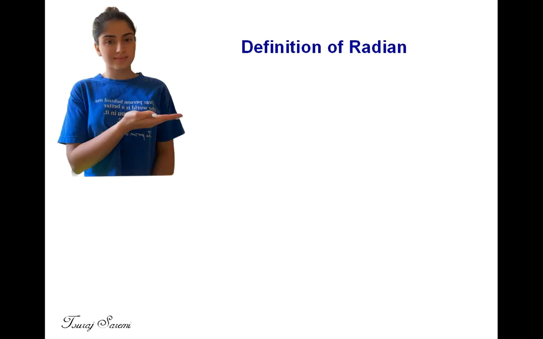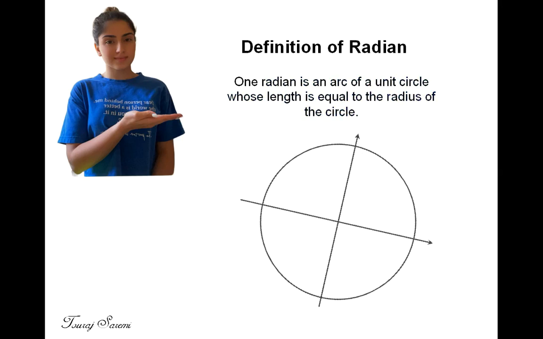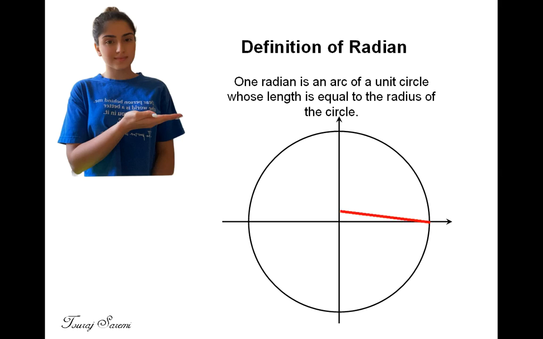Definition of radian. 1 radian is an arc of a unit circle whose length is equal to the radius of the circle. Radius equals 1. The arc length of the unit circle is also 1.